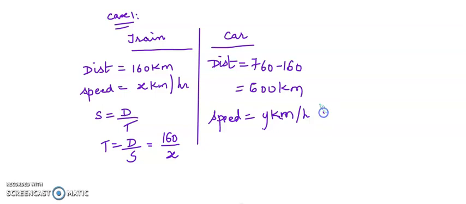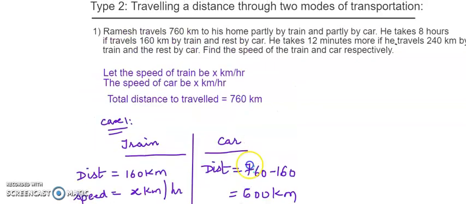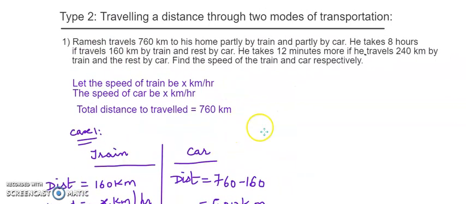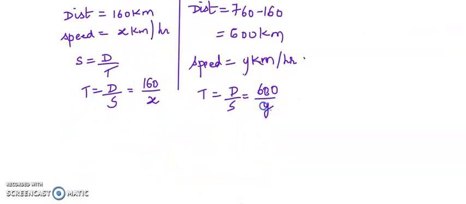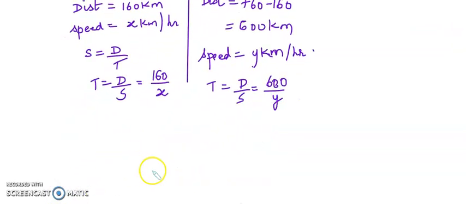per hour. Okay, now again we'll say time is equal to distance upon speed. So in this case it will be 600 upon y, right? Now the total time that he's taking to travel these 760 kilometers both by train and car in total is 8 hours. Can you see here? He takes 8 hours. So total time taken in this case is 8 hours.